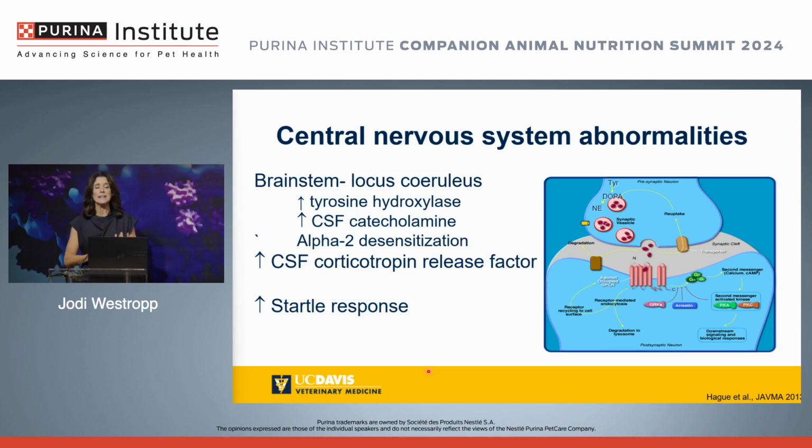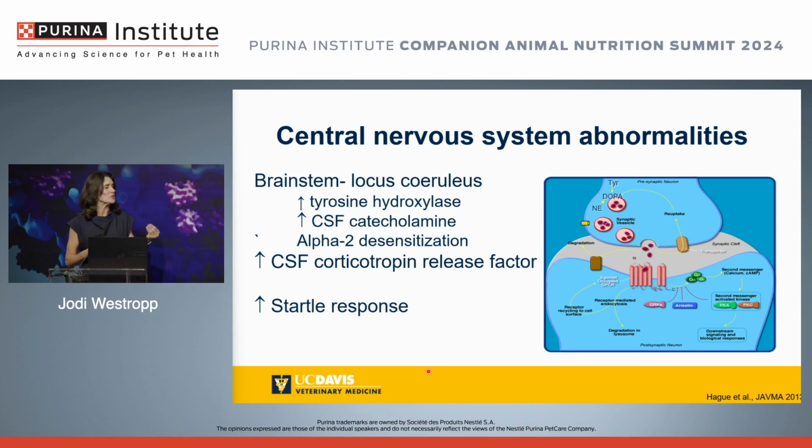We've also documented increases in CSF catecholamines, desensitization of their alpha-2 adrenoceptors. Cats, too, have an increased CSF corticotropin releasing factor, but they have plenty of ACTH as well, and I'll show you later their cortisol response, though, is actually blunted.